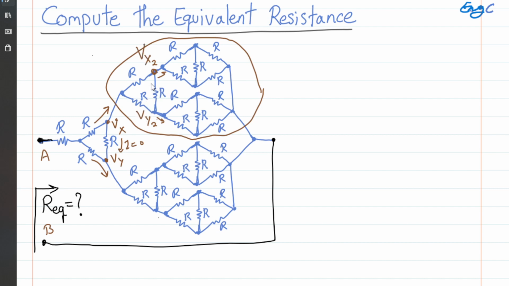So there is no current going this way into this resistor. You can assume this resistor is not there, and the same thing about these two resistors. Effectively the voltage across each of those resistors is zero, and there is no current flowing through them.